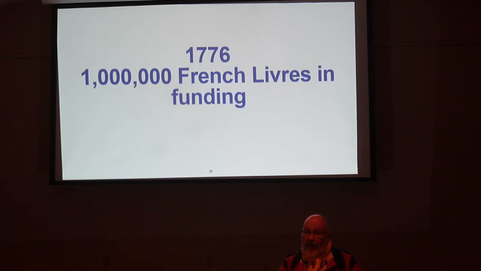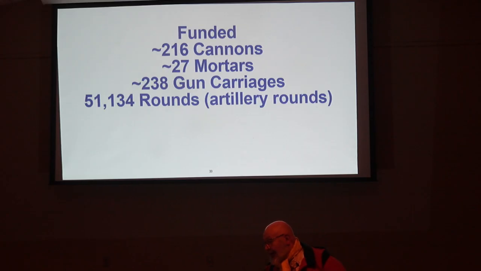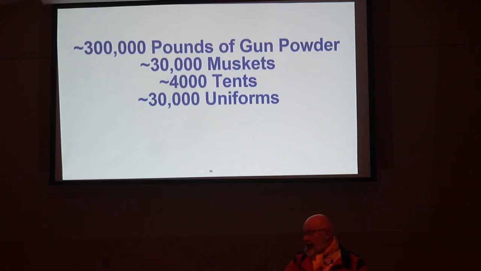Very surreptitiously, didn't make a big deal out of it, ran it through this company that I showed you earlier. No, we didn't give the money, it just showed up. That funded 216 cannons, 27 mortars, 238 gun carriages, 51,000 rounds of artillery rounds, 300,000 pounds of gunpowder, 30,000 muskets, 4,000 tents, and 30,000 uniforms.